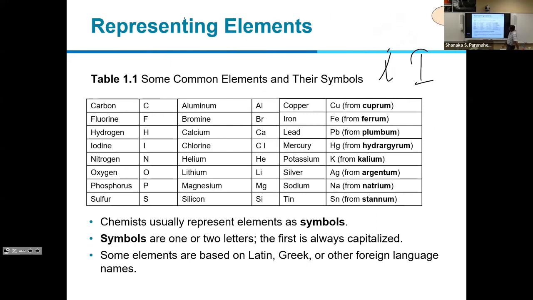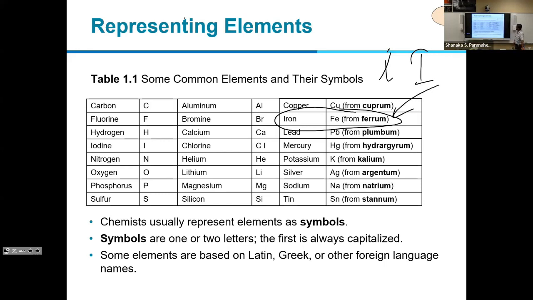Some of these symbols are related to the English word, and sometimes they are not, like iron. The symbol of iron is Fe, and it is not related to the English word. It's coming from a Latin word called ferrum.